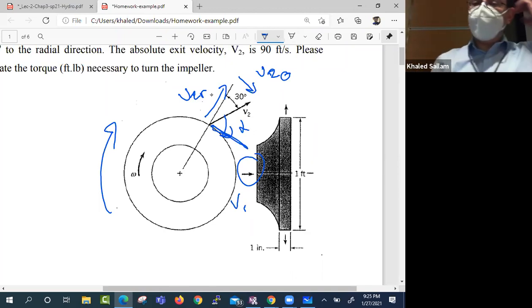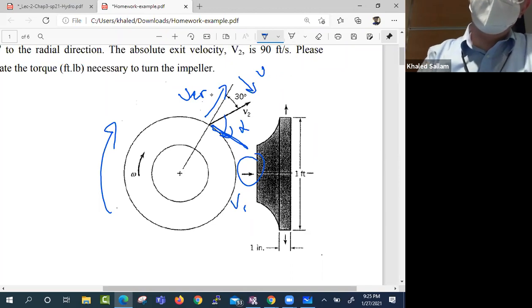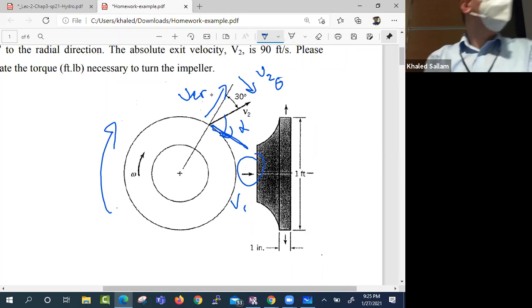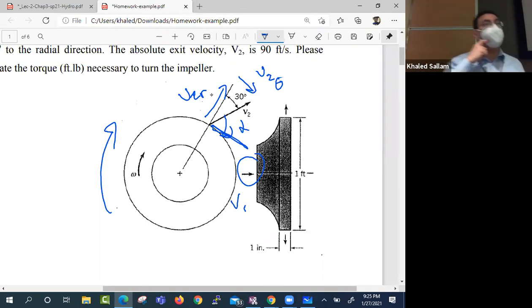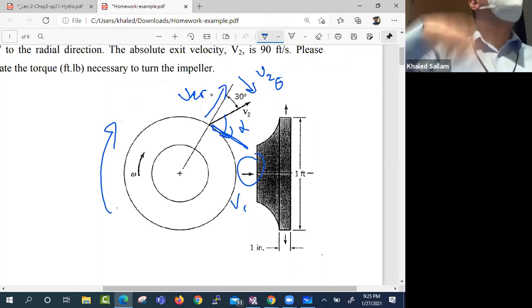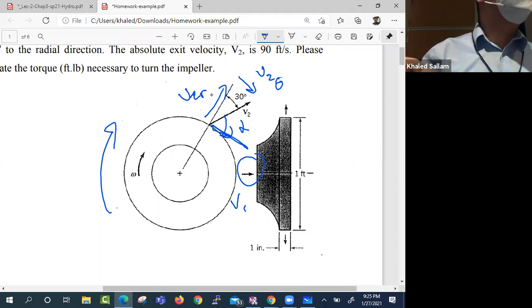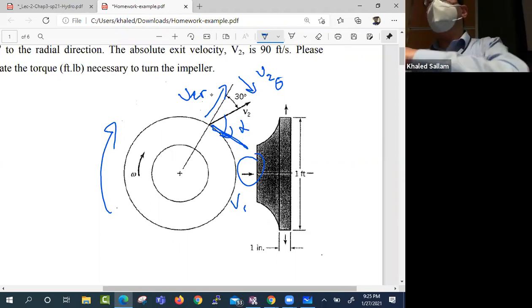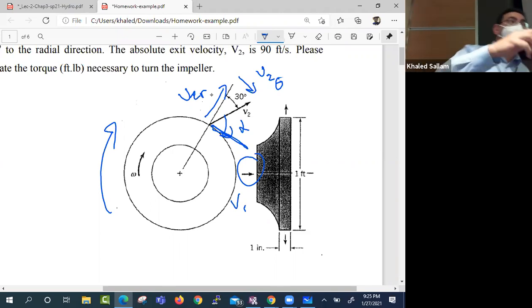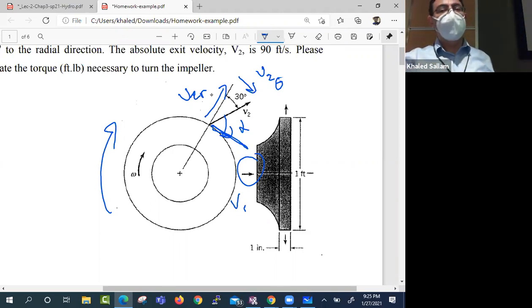So how did I tell this is a pump? Because in the case of a pump, the impeller spins the fluid. The impeller gives the fluid rotation. It comes in axial and the impeller rotates it. And that's what happened.